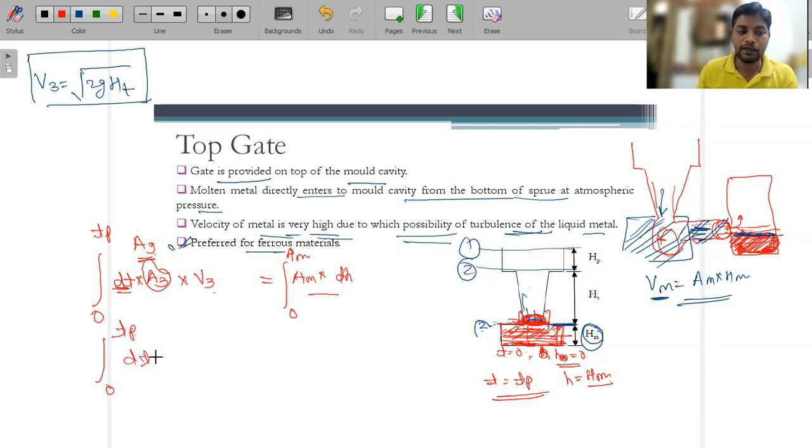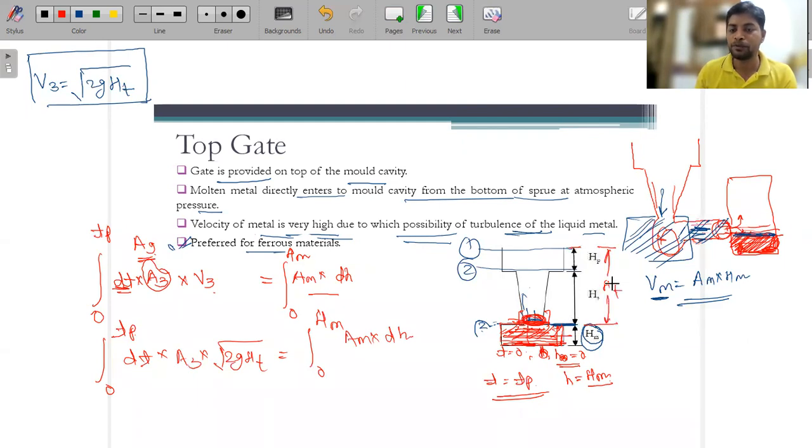This is dt into A3 into root 2gHt, which will be equal to the integral from 0 to hm of Am into dh. Now this Ht height is constant, because this is the height of Hp plus Hs, the pouring basin plus sprue.